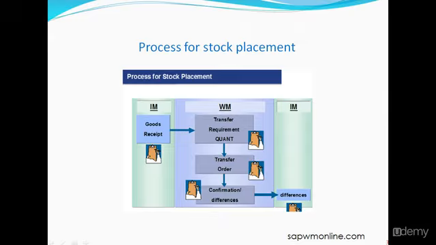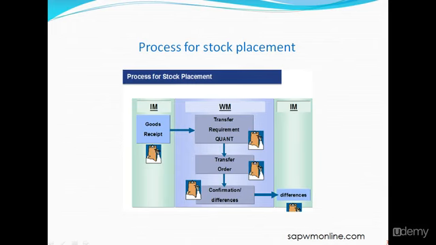So this is the process for stock placement. So you have done a goods receipt. It has created a quant and a transfer requirement at the WM level. We have to process this transfer requirement and convert it into a transfer order.